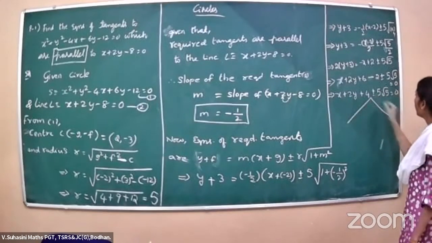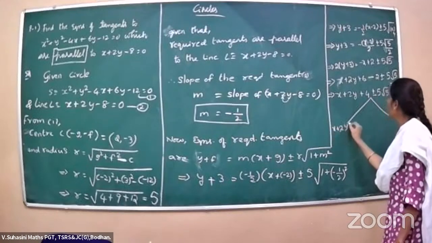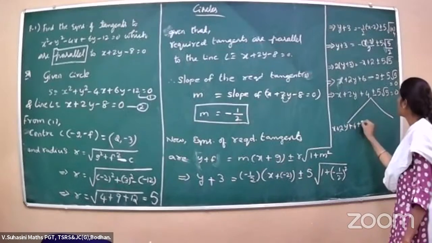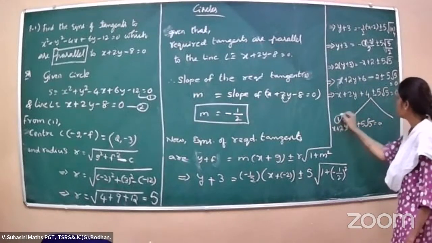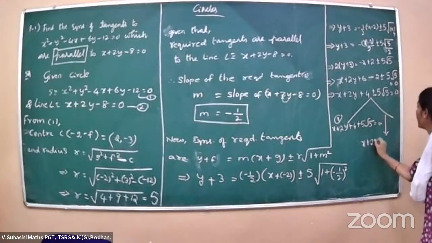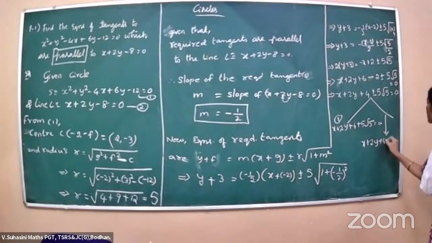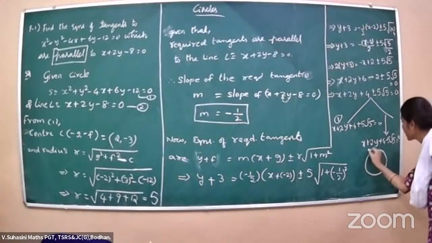So corresponding to plus, x + 2y + 4 + 5 root 5 = 0 is one tangent, and corresponding to minus, x + 2y + 4 - 5 root 5 = 0 is another tangent. How can we show this geometrically?